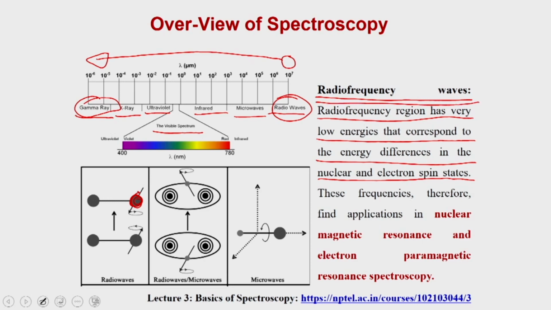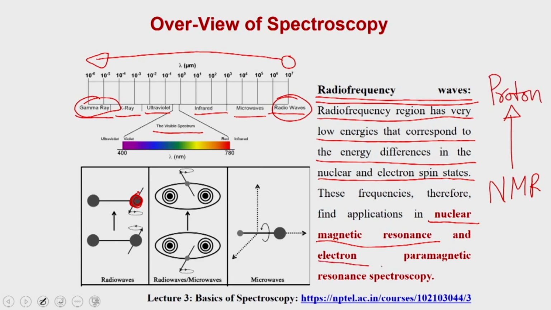You can use them for nuclear magnetic resonance, which is called NMR. That is going to study the rotation movement in terms of the proton, or you can use electron paramagnetic resonance spectroscopy, the other phenomenon, EPR, which can be used to study the phenomena of electrons.